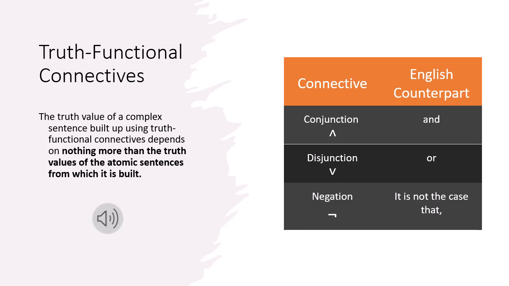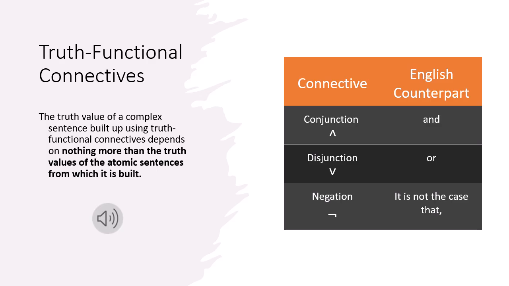Later we'll be introducing some more truth functional connectives, but for now we'll stick to the three most basic Boolean connectives, and they are ones that have a nice English counterpart in our everyday language. All the connectives that we'll look at, the Boolean connectives, are what are called truth functional connectives.